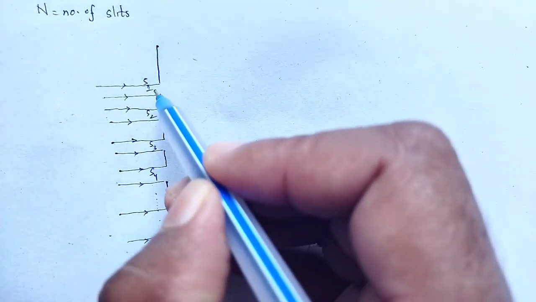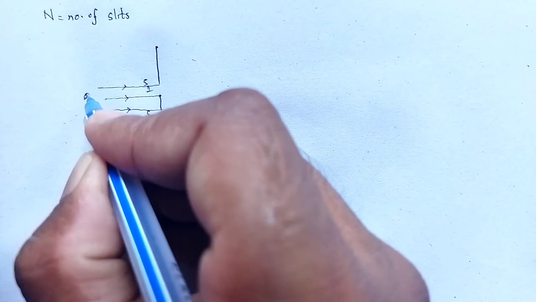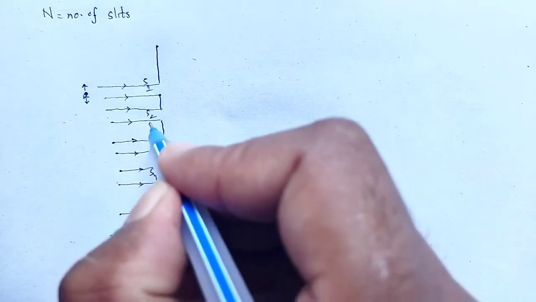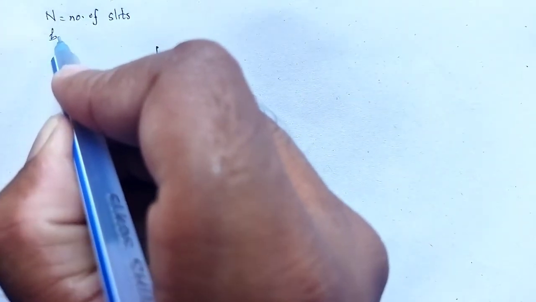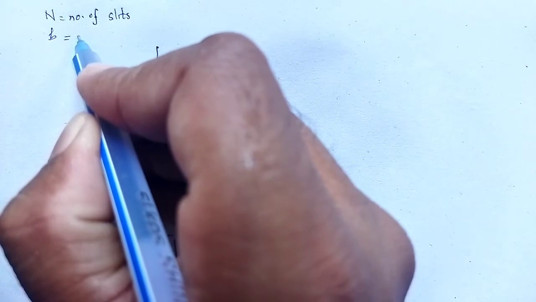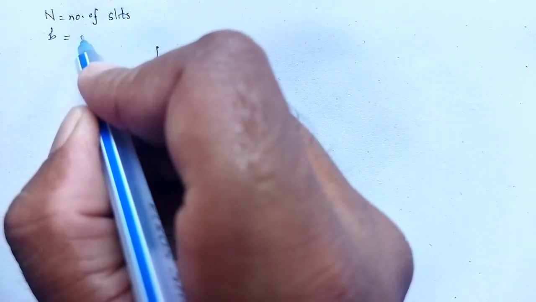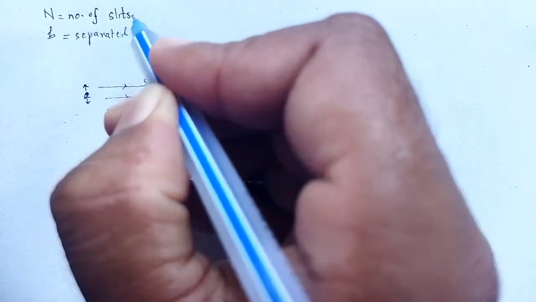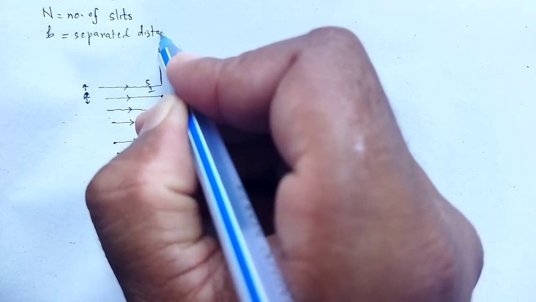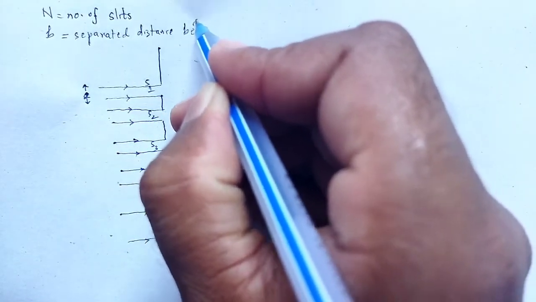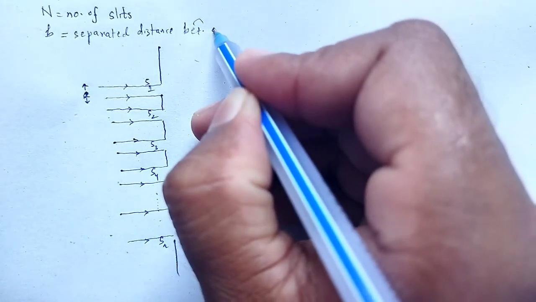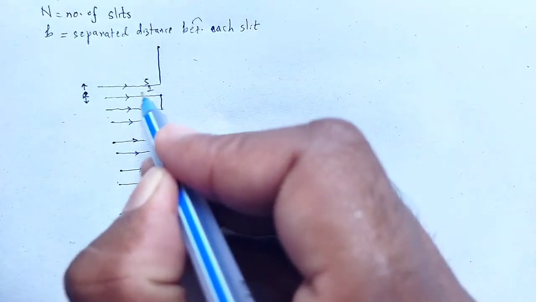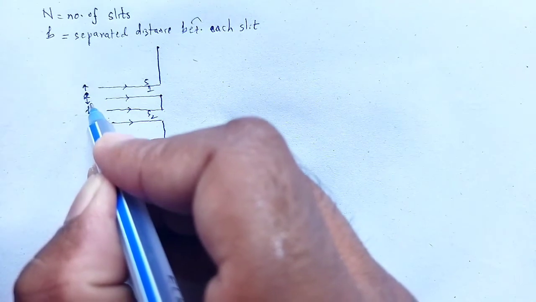a is the width of each slit, that is the distance, and small b is the separation distance between each slit. So, here is the distance b.